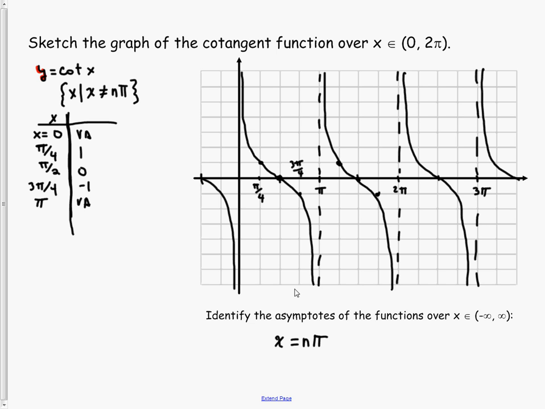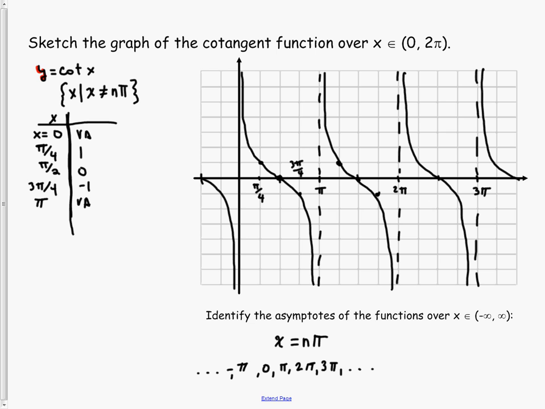And of course, as you see right here, 0, pi, 2 pi, 3 pi are all representative values as we go off to the right. If we went off to the left, we'd see negative pi, and again, integer multiples of pi representing our vertical asymptotes.